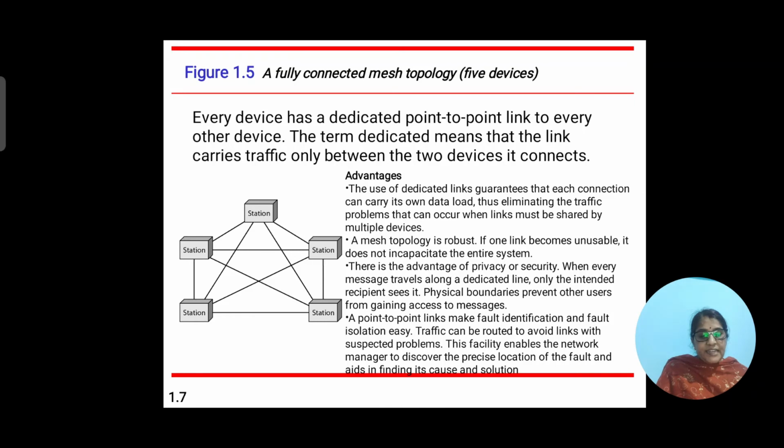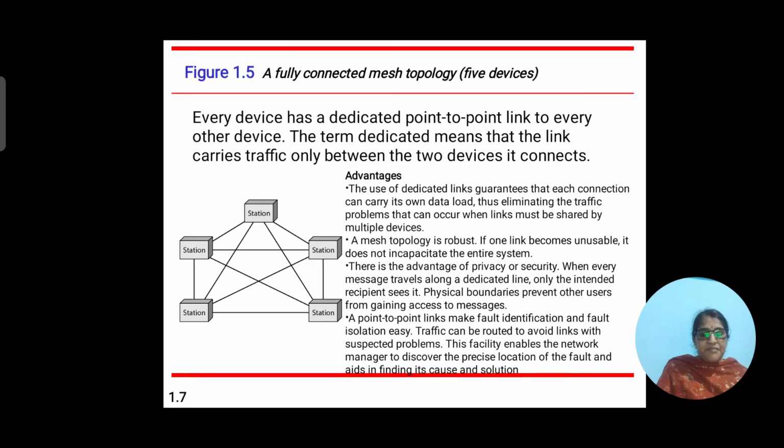Second, the sheer bulk of the wiring can be greater than the available space in walls, ceilings or floors can accommodate. Finally, the hardware required to connect each link, that is input/output ports and cables, can be prohibitively expensive.